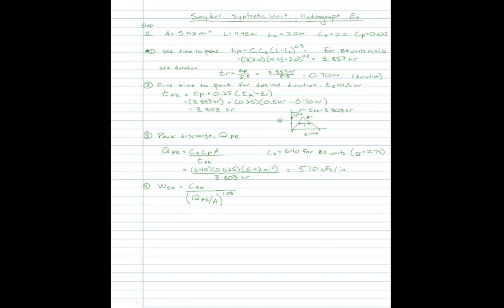All right, C sub 50 is 770 for BG units. And had we been in SI, the units then would be 2.14.